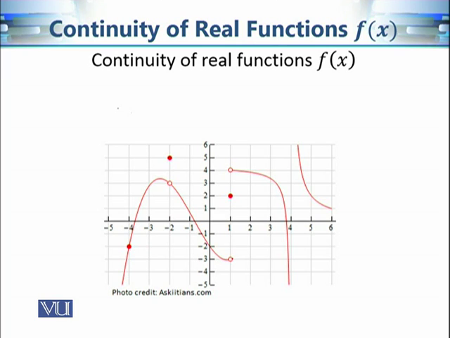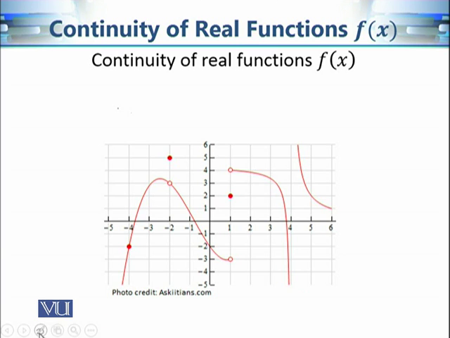And similarly, at this point there is a big jump over here. So that's why the function is not continuous at this point. And at this point, once again there is a big jump and the function is once again not continuous.